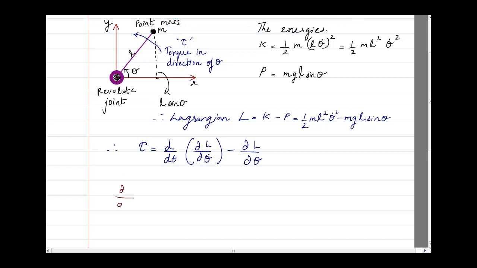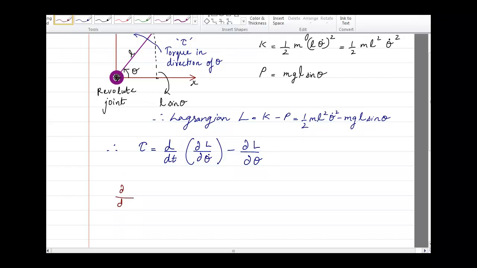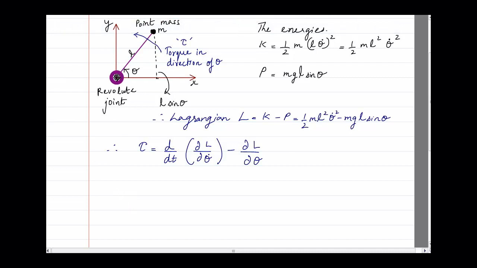First we have to calculate dou by dou theta dot of L, the Lagrangian L.